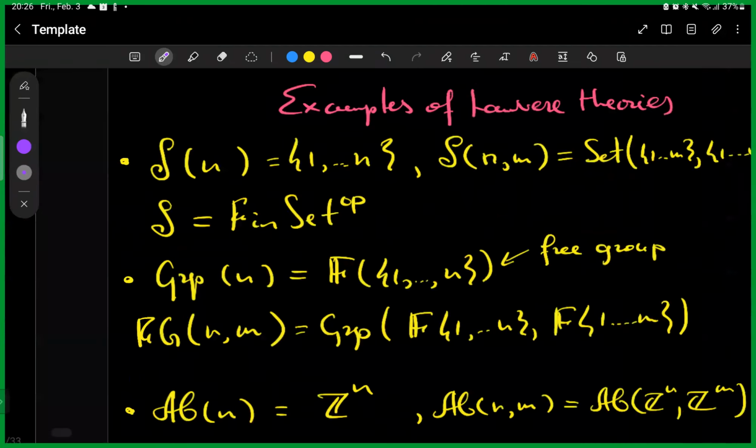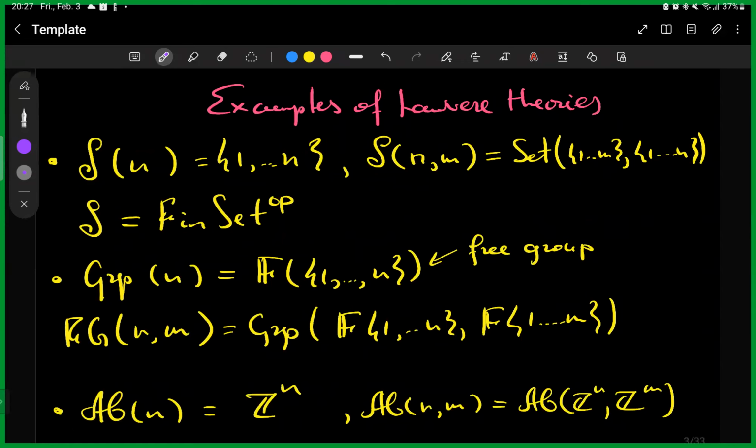Yeah. So let's see some examples. So first of all, we have the initial Lawvere theory, which is the theory of sets, and it's algebraic. Well, this category T in this case is just the opposite category of finite sets. So since it's an opposite category of finite sets, well, I mean, we take the skeleton of finite sets so that we don't have any stupid problems. But since finite sets are generated by a singleton set under coproducts, the opposite category is generated by the singleton set under products.